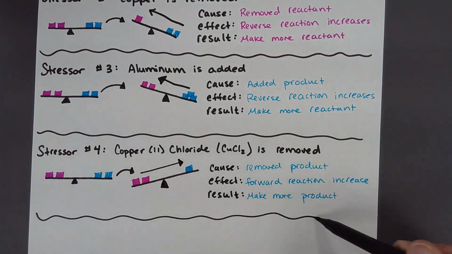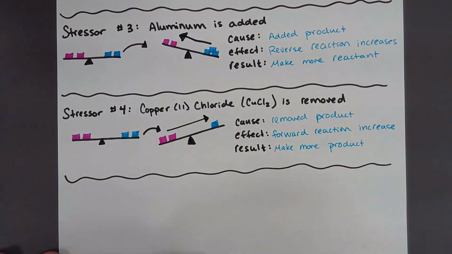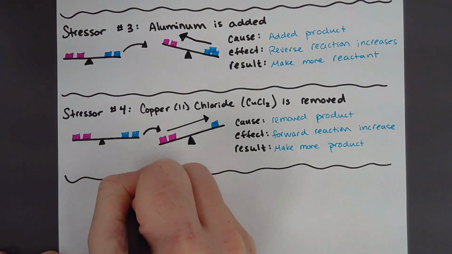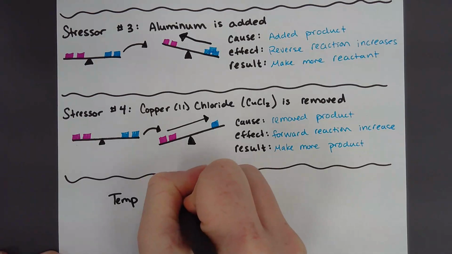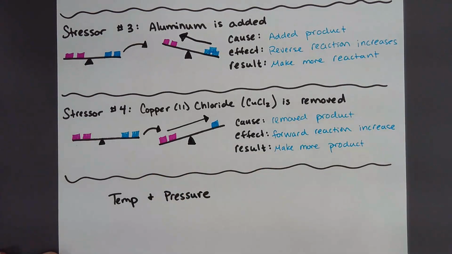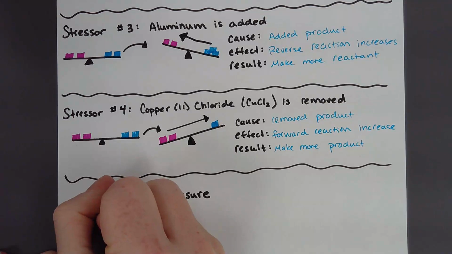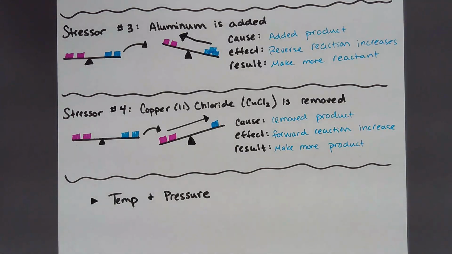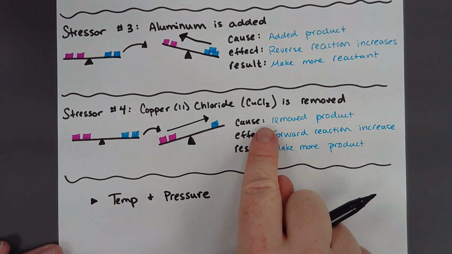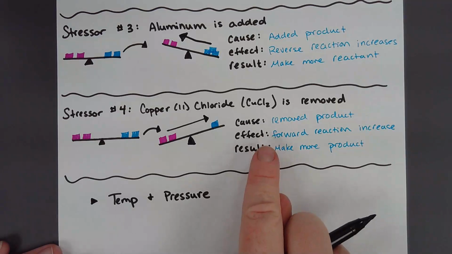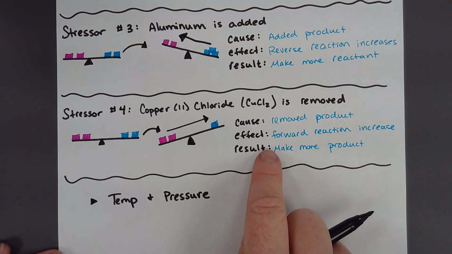Our other stressors are a little bit less predictable, such as temperature and pressure. They are important, and we're going to look at a virtual lab that talks about them more, but they are less predictable. One given cause will not always give the same effect and result for a reaction.